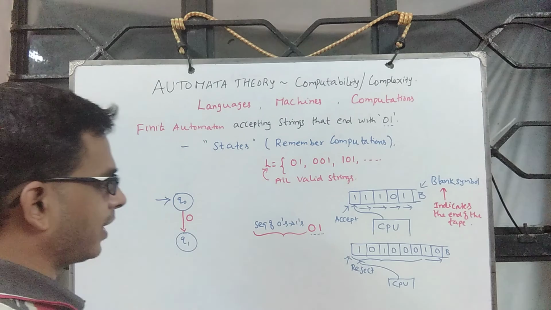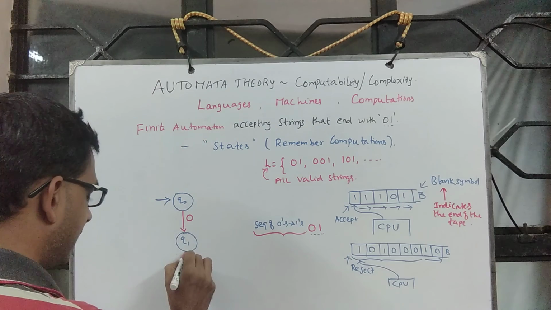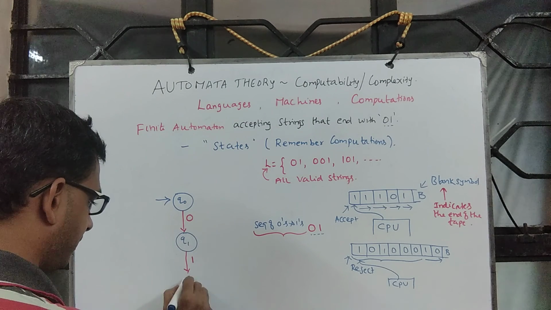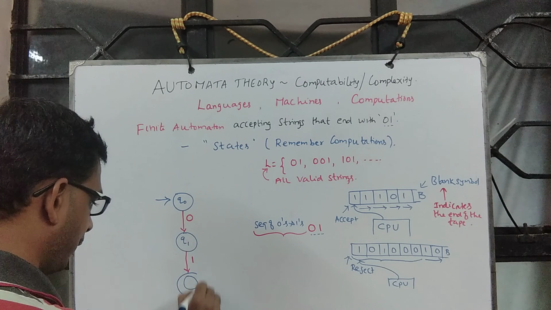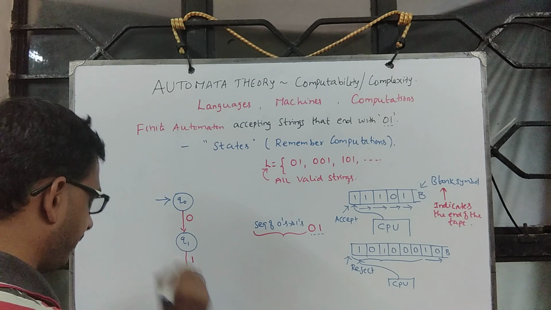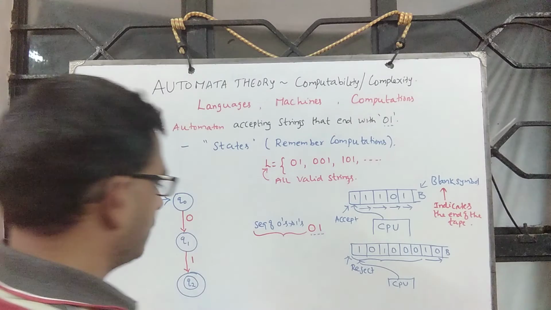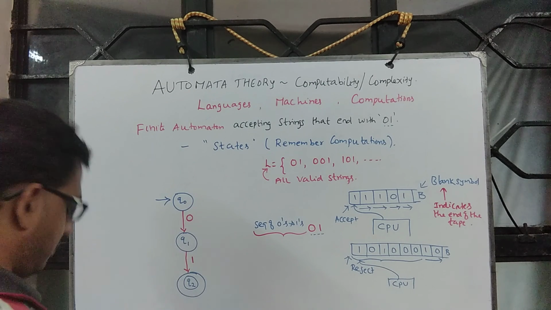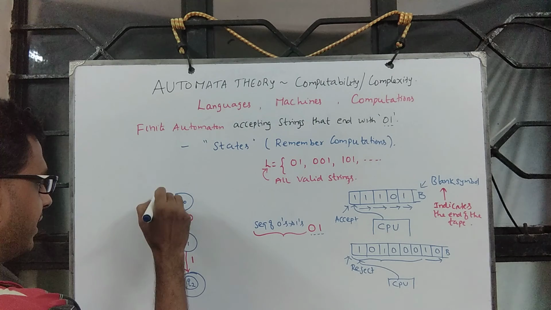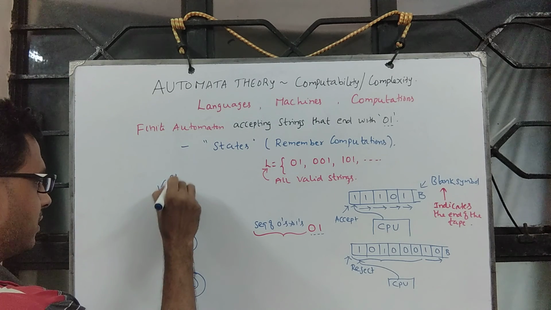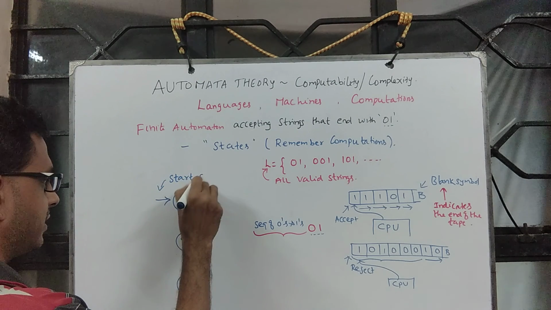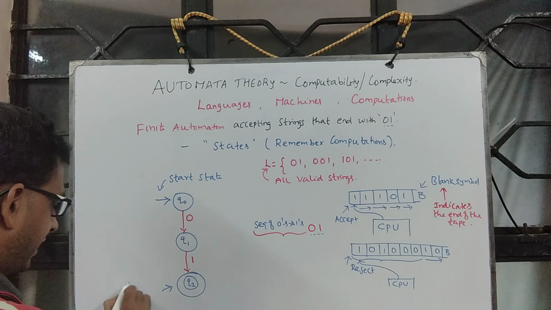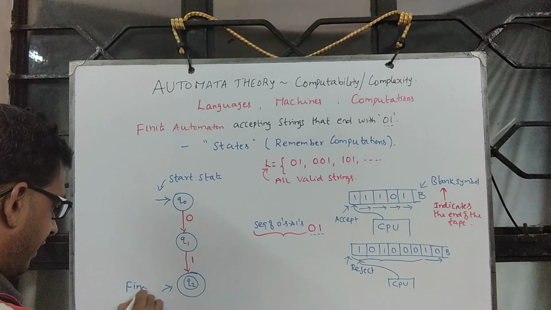And from that, let's assume I read, say, 1, then I go to the state Q2. So what have we done? Look at this automaton. It starts here. This symbol says the start state. This double circle says it is our final state.